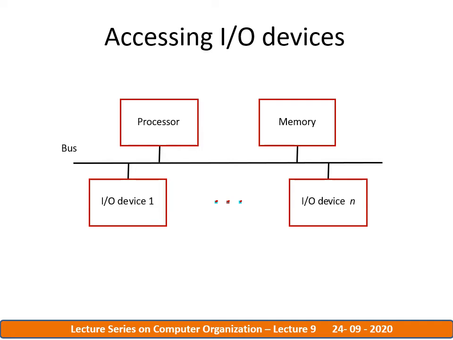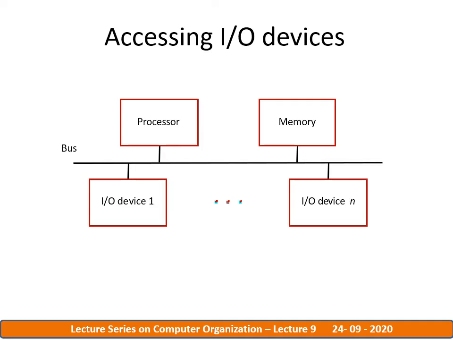The processor then requests either a read or a write operation from the devices. Generally, there are two ways to deal with input output devices. The first is called memory mapped IO, and the other is IO mapped IO.